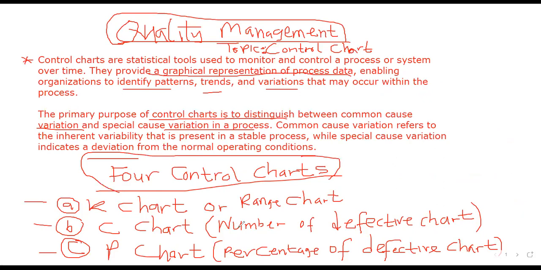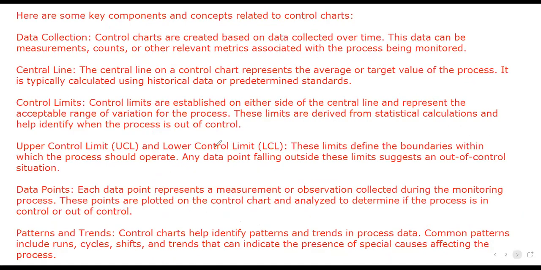So if it asks you how many control charts are there, we have all those control charts. We look at the center line as the guiding point, the control limits, upper and lower, and then the data points.